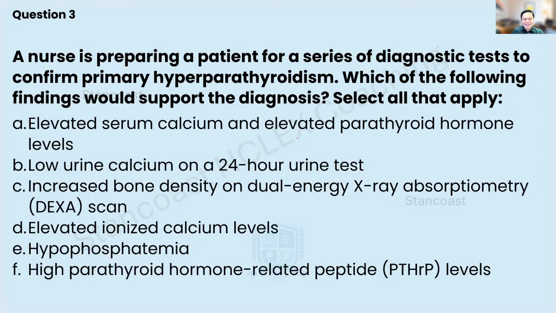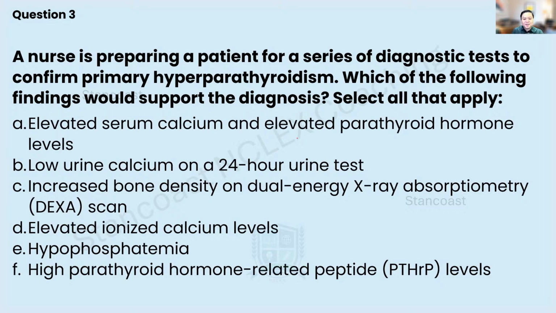Now let's have number 3. A nurse is preparing a patient for a series of diagnostic tests to confirm primary hyperparathyroidism. Which of the following findings would support the diagnosis? Select all that apply. Is it letter A, elevated serum calcium and elevated parathyroid hormone levels? B, low urine calcium on a 24-hour urine test?